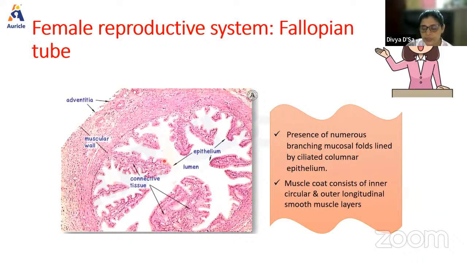The cilia help in the movement of the ovum, the secondary oocyte, because fertilization takes place in the ampulla, and after fertilization it has to move through the fallopian tube. The muscular coat consists of an inner circular and outer longitudinal layer of smooth muscle, and the outer covering will be the adventitia. So the characteristic feature is this.